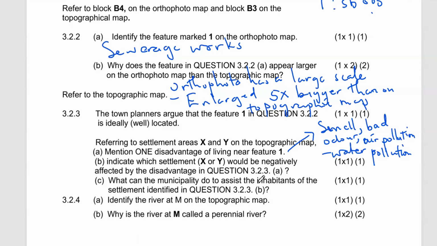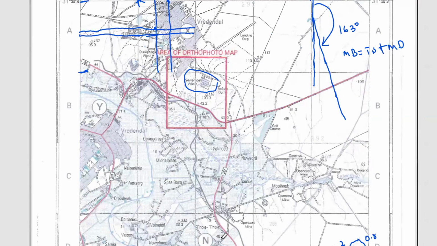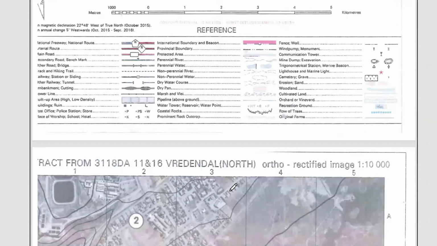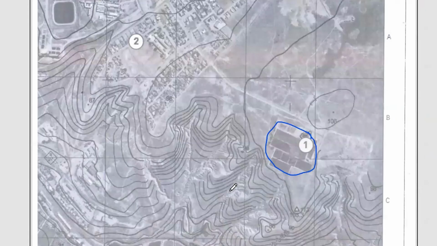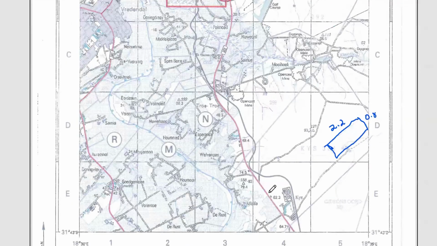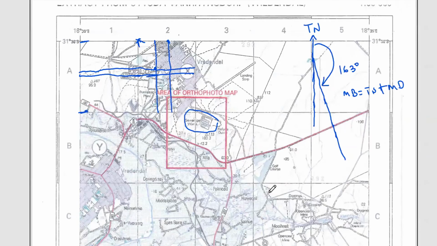Indicate which settlement, X or Y, will be negatively affected. If we check settlements X and Y, we want to identify the one which is most likely to be negatively impacted.